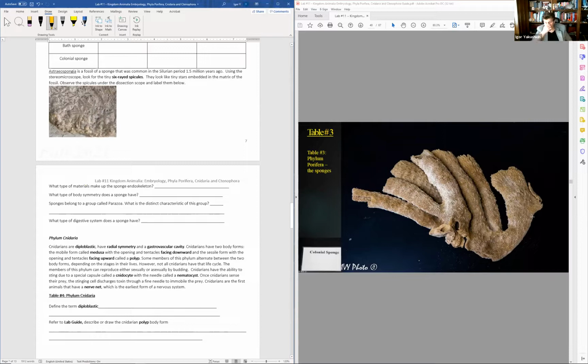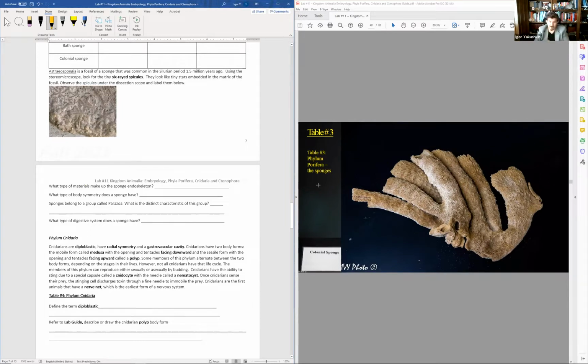Let me give an example. If we put that particular sponge in an area with a very strong stream going this way, it will start bending that way. If the stream changes, it will start bending the other way.